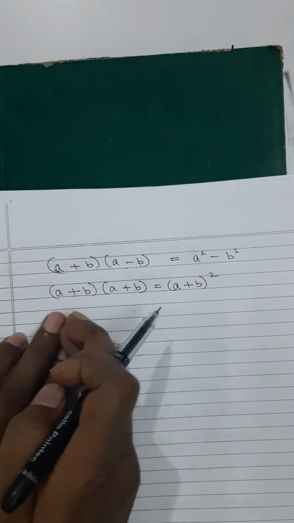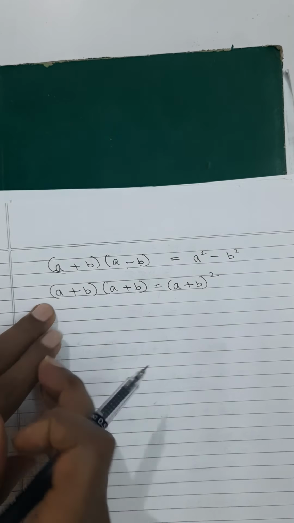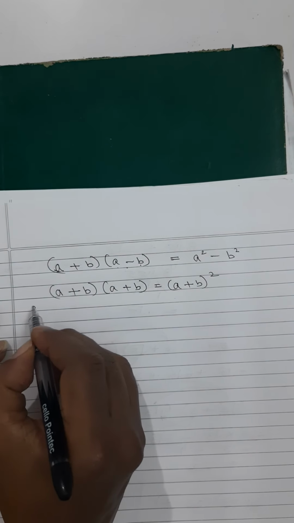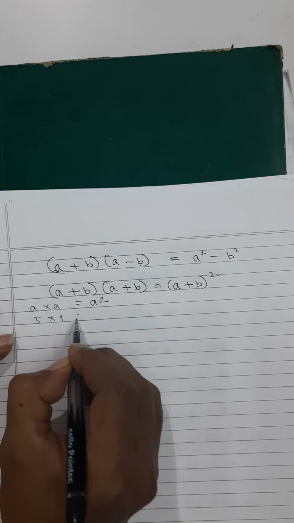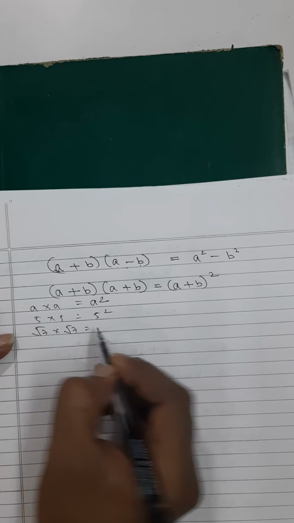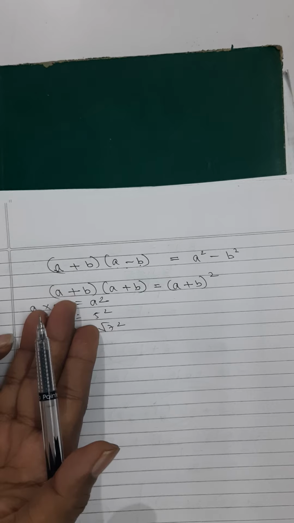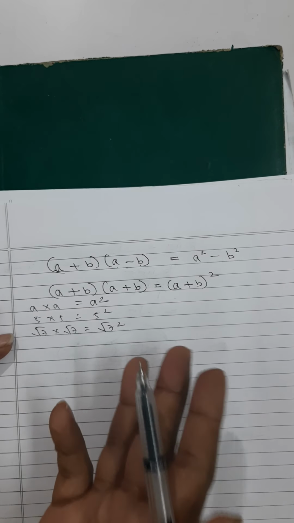Same like 3 into 3 is 3 square, 7 into 7 is 7 square, root 5 into root 5 is root 5 square. Right? A into a is a square, 5 into 5 is 5 square, root 7 into root 7 is root 7 square. Similarly, bracket a plus b into bracket a plus b is equal to bracket a plus b the whole square.